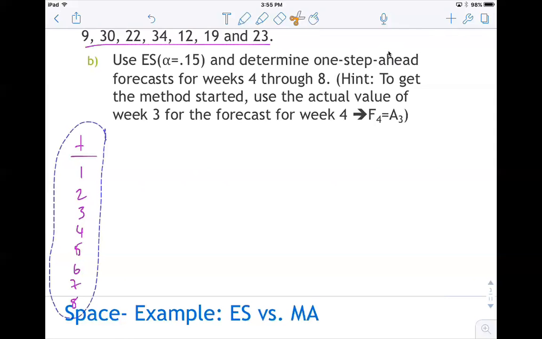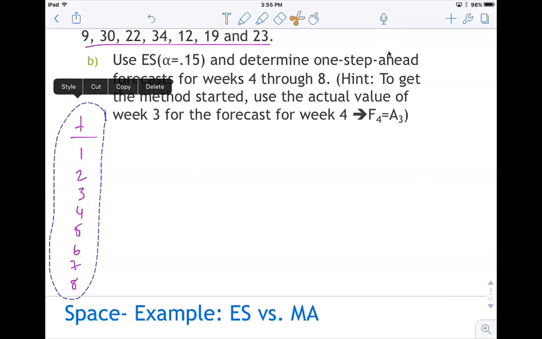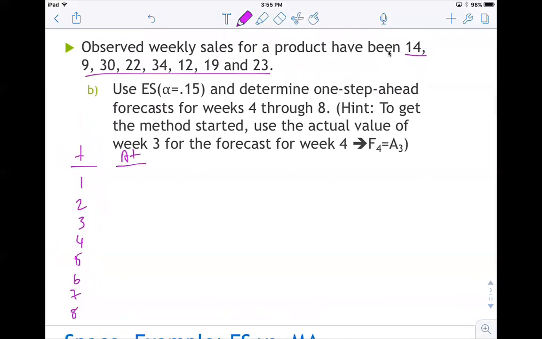And then I do have my A_t values, the actual observations, and those are 14, 19, 4, 30, 22, 34, 12, 19, and 23.